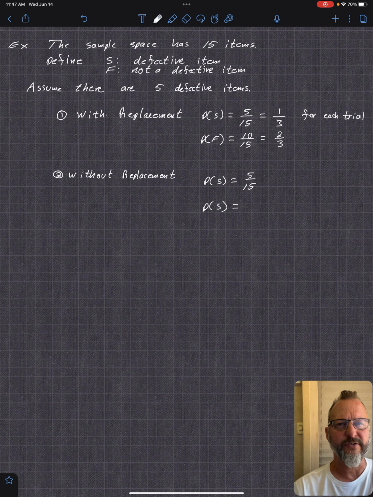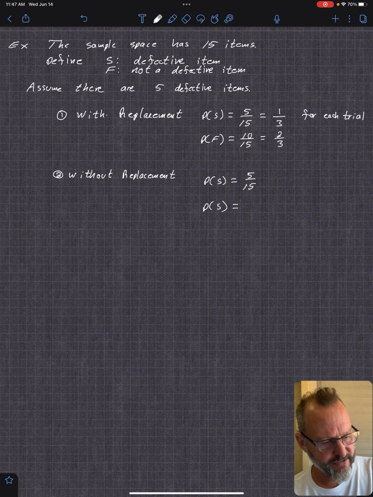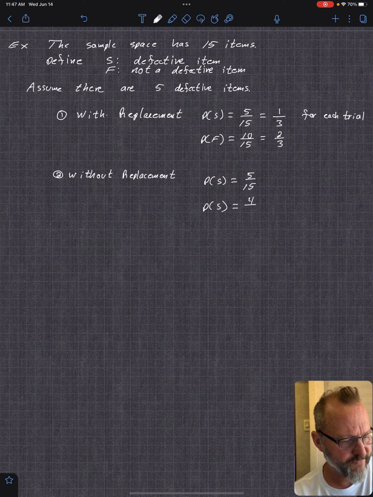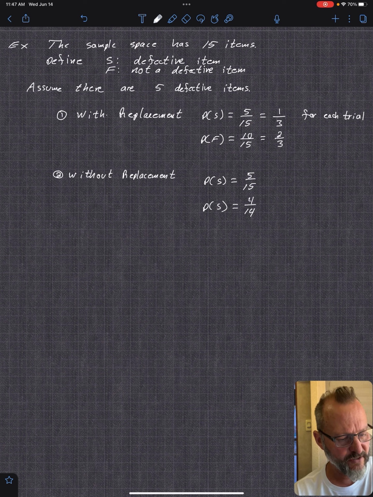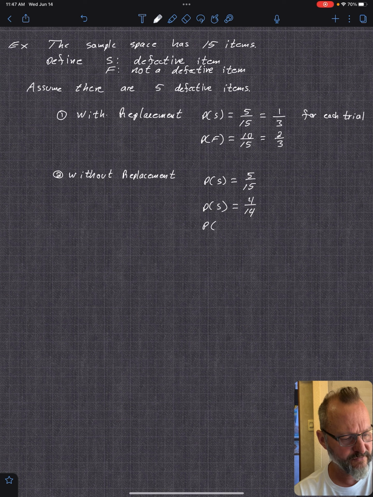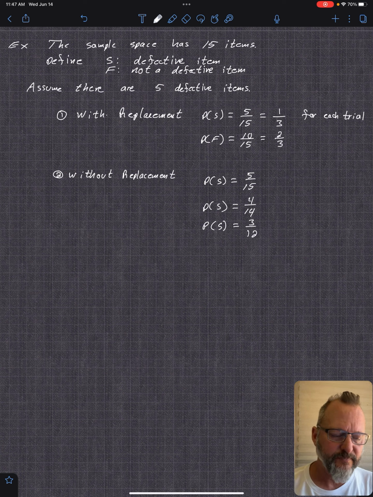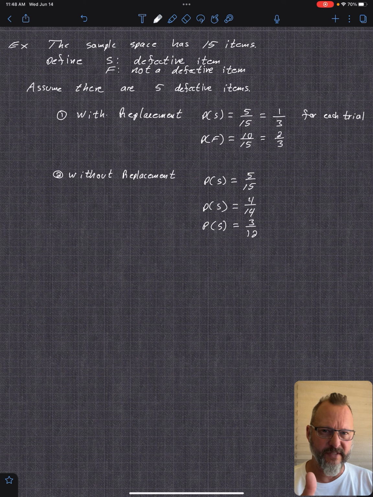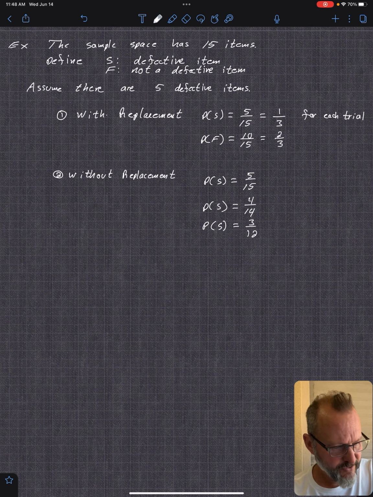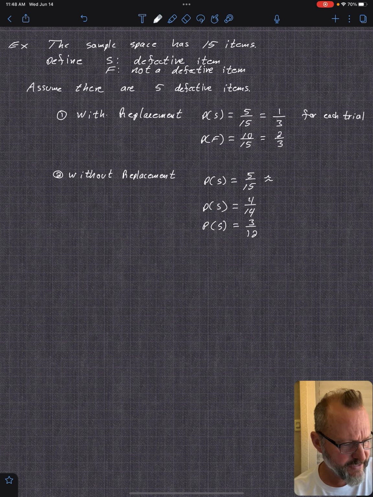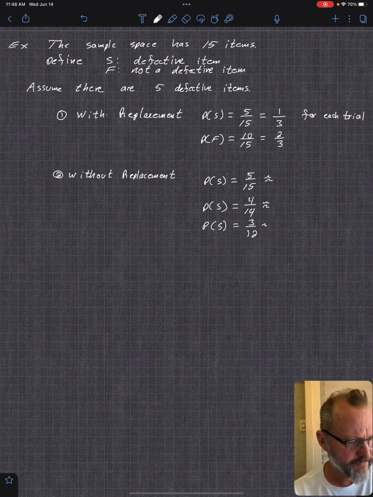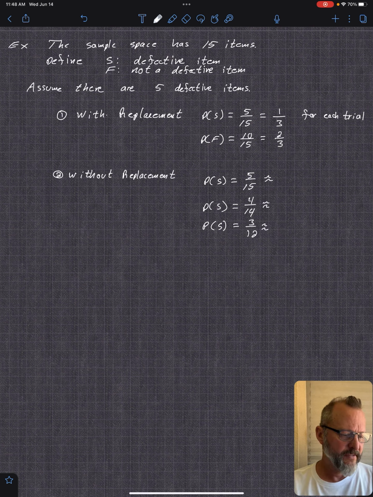Then after you select again, you get 4 out of 14 as your second trial. And your third trial is 3 out of 13. So you're taking it out, there's one less, and that's gone. If you look at these probabilities, they're not the same. And it's changing a lot.